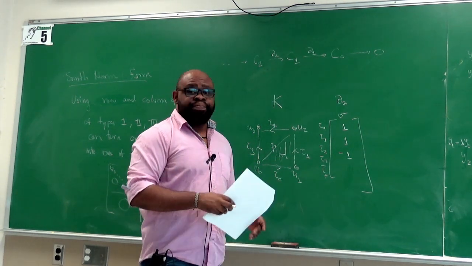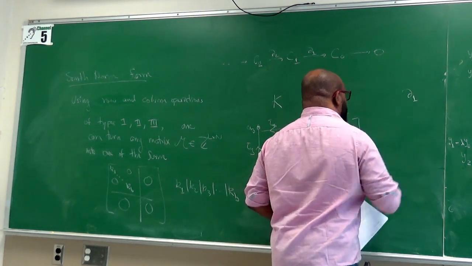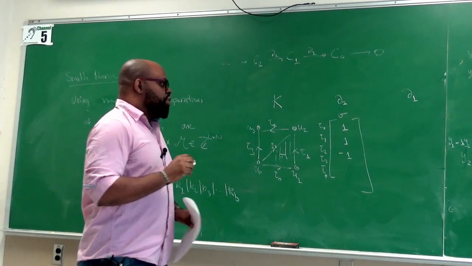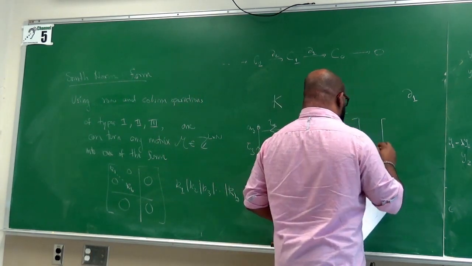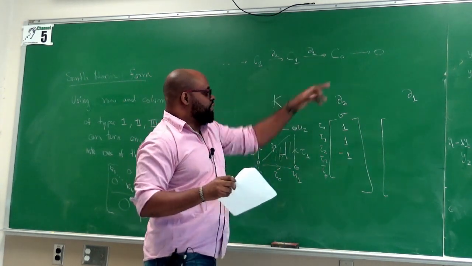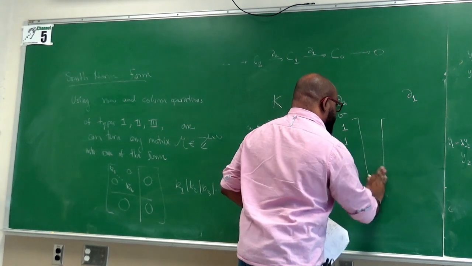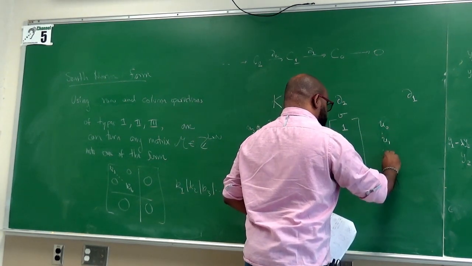Okay? Now let's look at the other matrix, delta 1. This guy operates from edges to vertices. So the vertices are going to be U0, U1, U2, and U3.